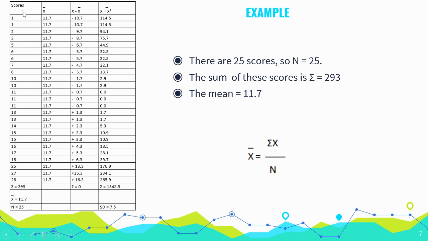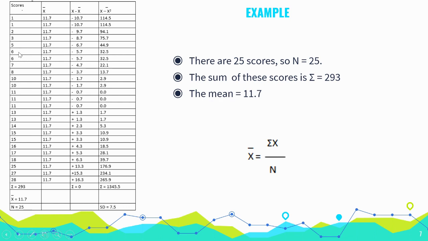So the column on the left is the scores that each of my 25 people got. Student 1 scored only 1. This is a test with 30 items, okay? 30 multiple choice items. Person 1 just got 1. Person 2 only got 1 right. Poor people. And they go down, you see.